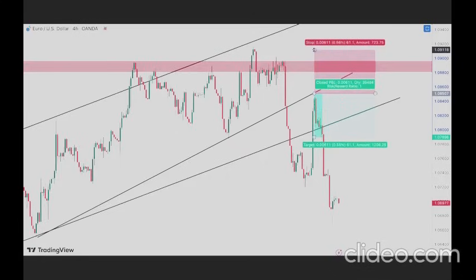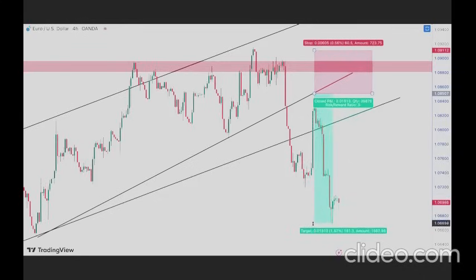Yeah, so as the swing trader, maximum loss, I mean, suppose should be 60 pips, especially on these FOREX currency pairs.